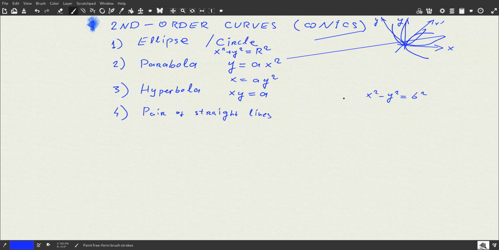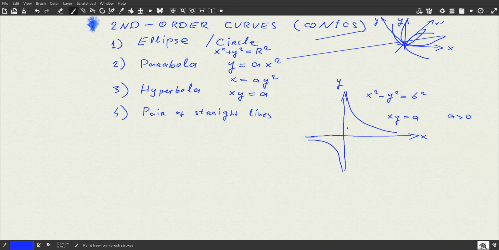If we consider a hyperbola, or more precisely, a family of hyperbolas. Suppose that we consider a family of hyperbolas as we did: xy equals a. In this particular case, let's say a is greater than 0.